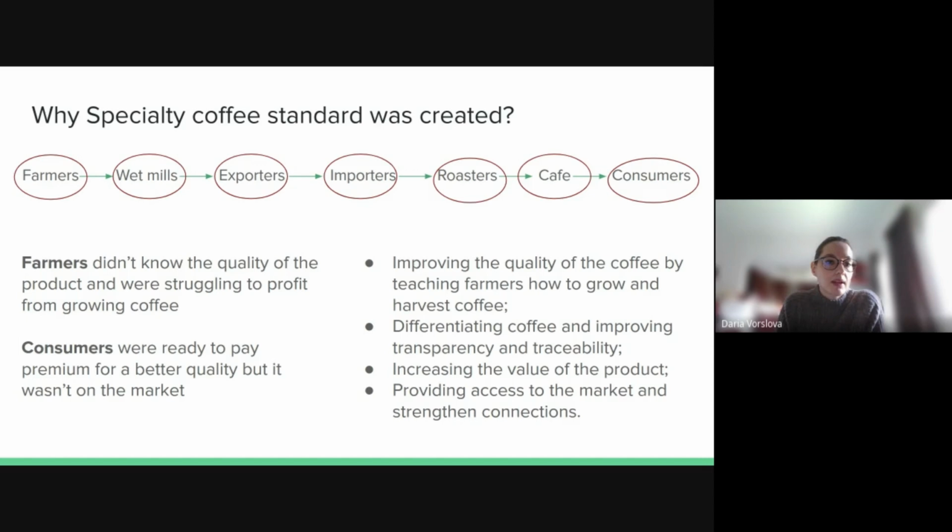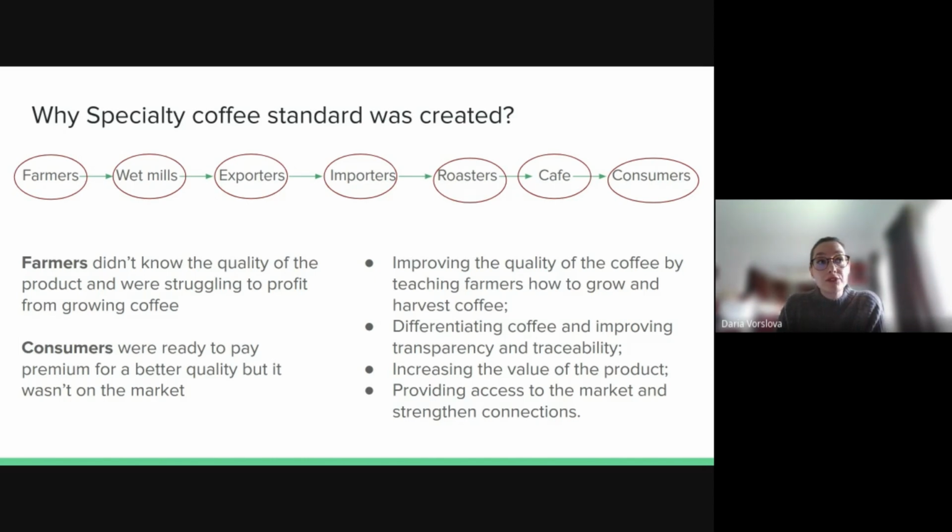So this is how our supply chain looks. But the way it operates now and 30 years ago is different. And the first difference is that coffee farmers didn't used to understand the quality of cherries, of the coffee itself, of the coffee as a product.